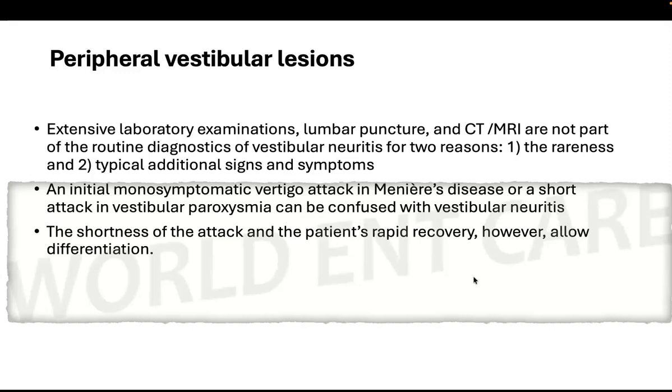So an initial monosymptomatic vertigo attack in Meniere's disease or a short attack of vestibular paroxysmia can be confused with vestibular neuritis in patients admitted to hospital in the acute stage. But the shortness of the attack in Meniere's disease and the rapid recovery allow differentiation.